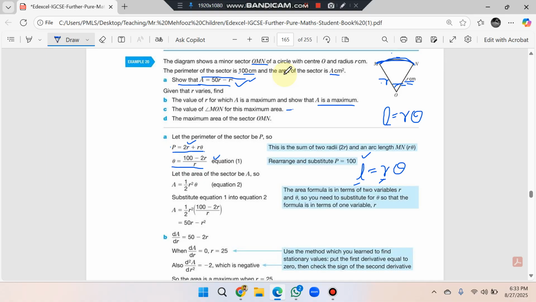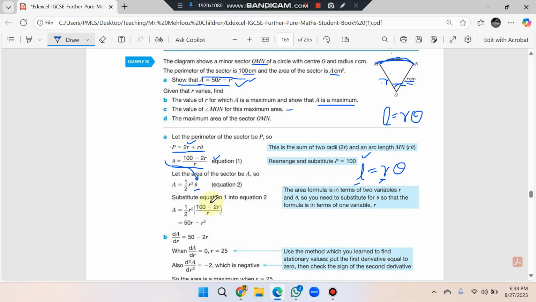After that, the area of the sector has the formula 1 over 2 r square theta. R square is the radius square and theta is the angle, and the value of theta is here. We just put this value of theta into this equation.